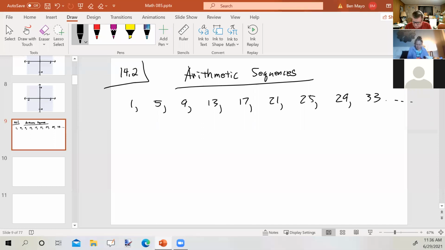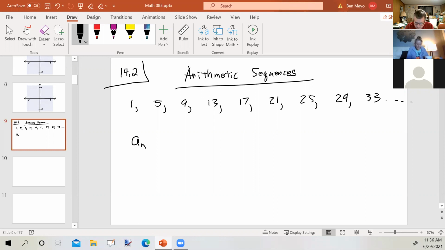Let's look at what's going on here. First of all, I want to talk about some notation. A general way of describing a term or a number in that sequence is to call it a sub n, as in a with a subscript of n.